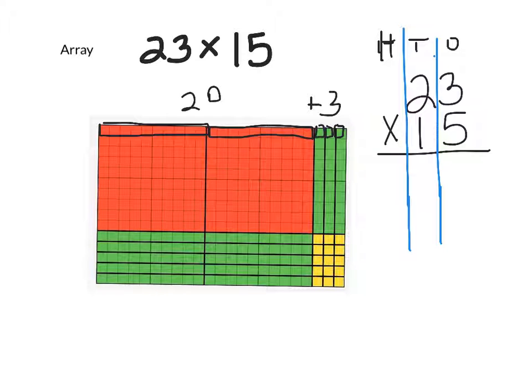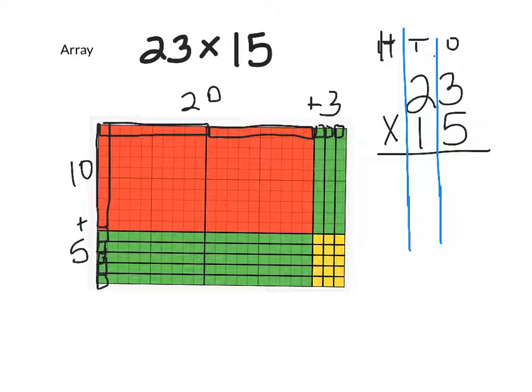Okay? And on the side I have 10 plus 5. And again, I know that because I have a 10 here and 5 ones going down the side. So that's where my 23 and 15 come from.